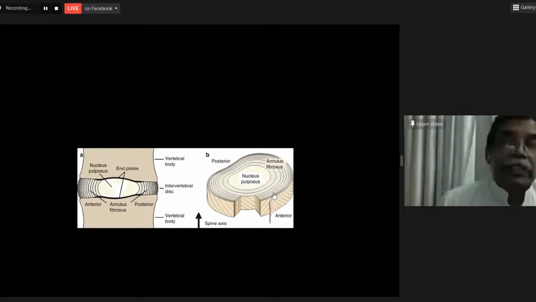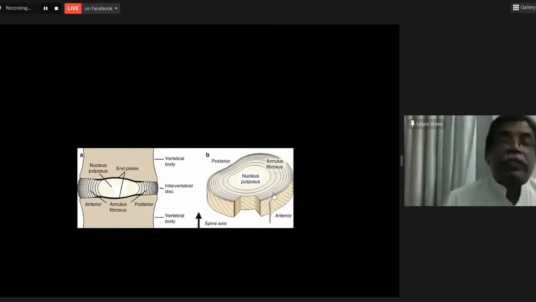So from 93%, it goes down to 75%. But when degeneration occurs, this can desiccate tremendously, become hard, and may completely lose its function of providing the cushioning between the two vertebral bodies.